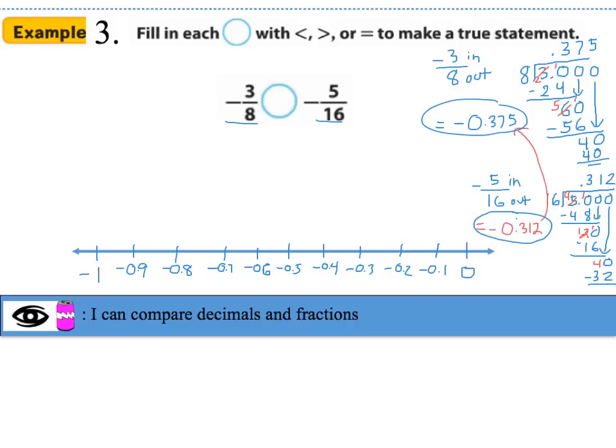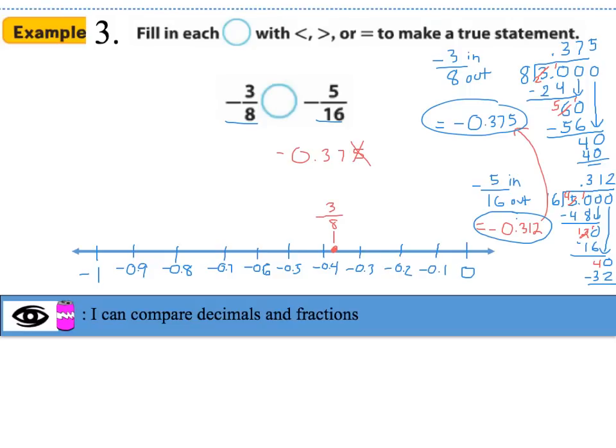So I know that -0.375, that looks like money, and if I ignore my last digit, that would be -37 cents. So -37 cents will be right here on the number line, and that matches the fraction of -3/8.